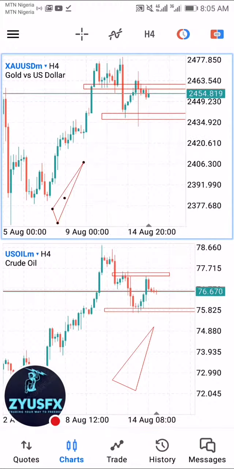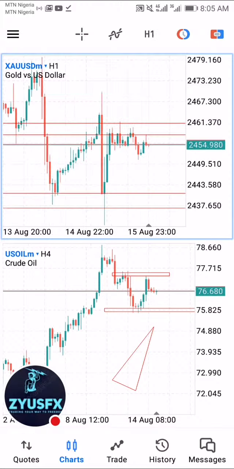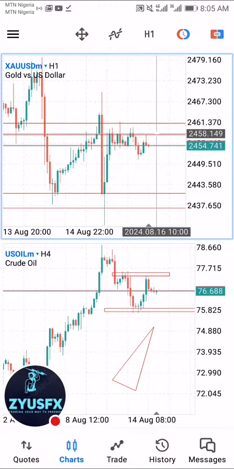So let's go back to the chart. Price is not doing much right now. We're still waiting for price to pull back to 24.57, so around this 54.57, for us to take a sell.